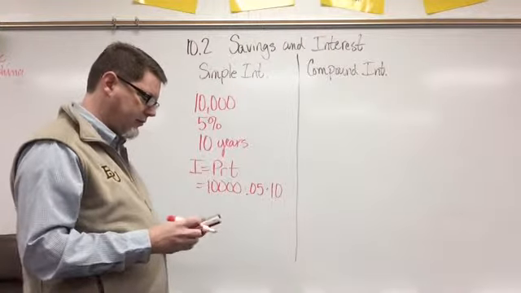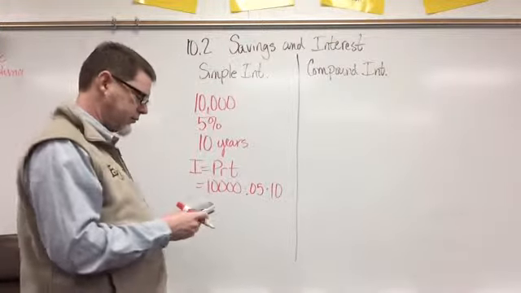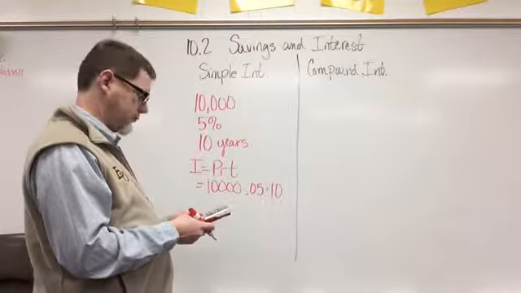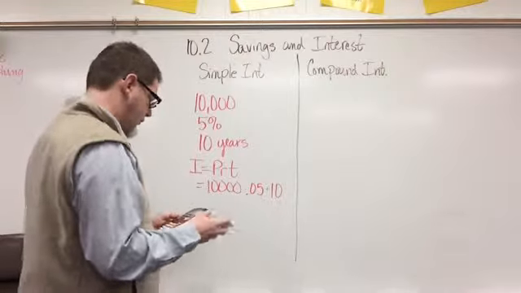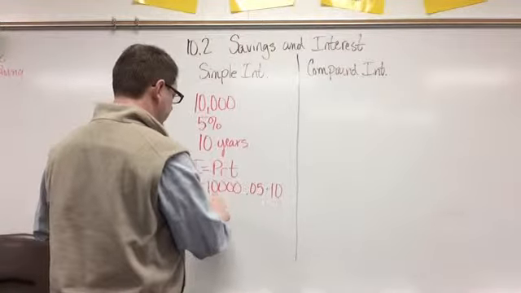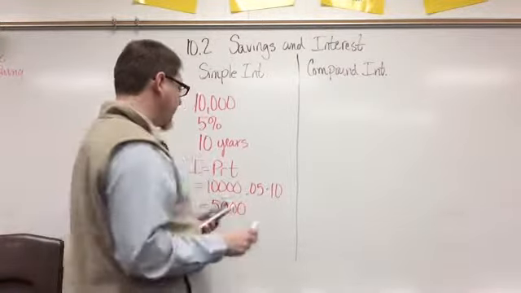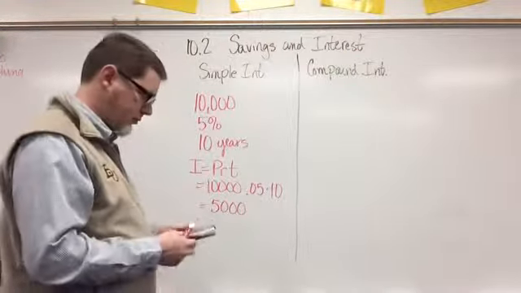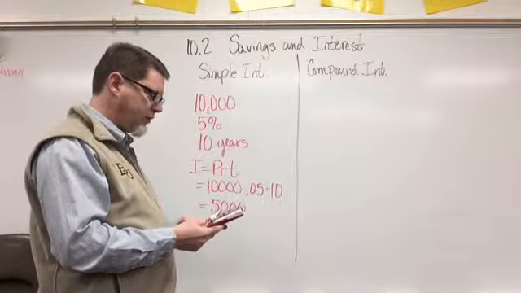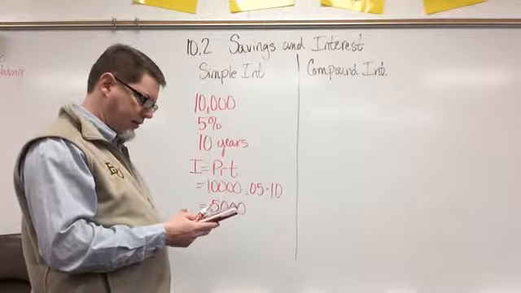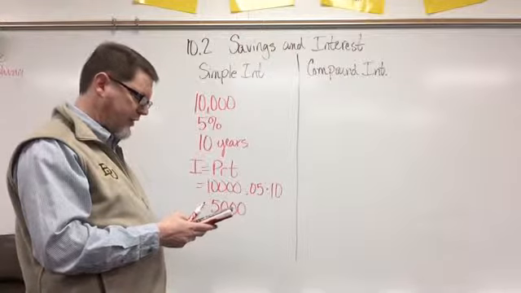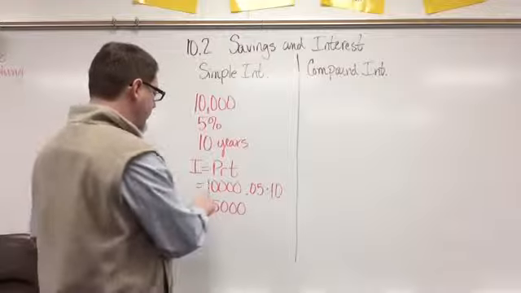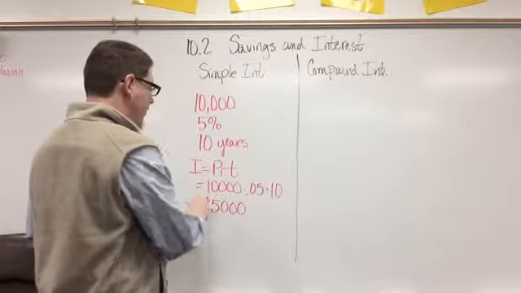And that gives me $5,000. So that's how much interest I earned over that 10-year period. I'm going to do that one more time because that doesn't sound right. Times 0.05 times 10. And it is. So I earned $5,000 interest over 10 years.